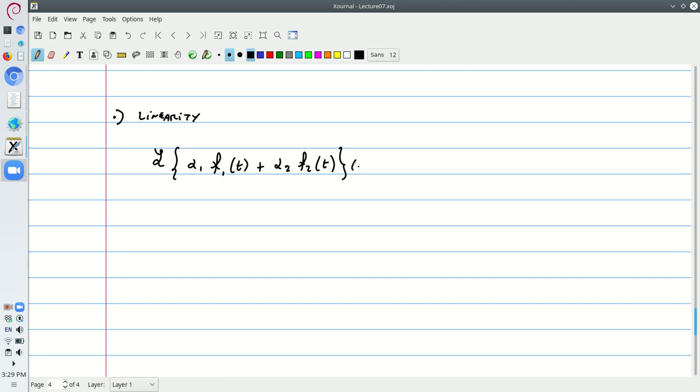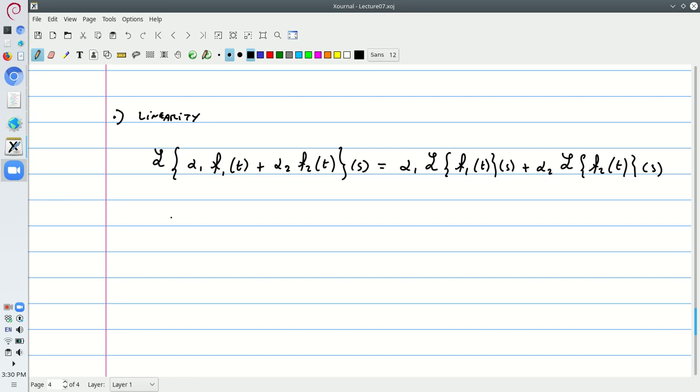If you want to compute the Laplace transform of this, you don't need to if you already know the Laplace transform of f1 and you already know the Laplace transform of f2. So this is given by alpha 1, the Laplace transform of f1 as a function of s, plus alpha 2, the Laplace transform of f2 of t in s.